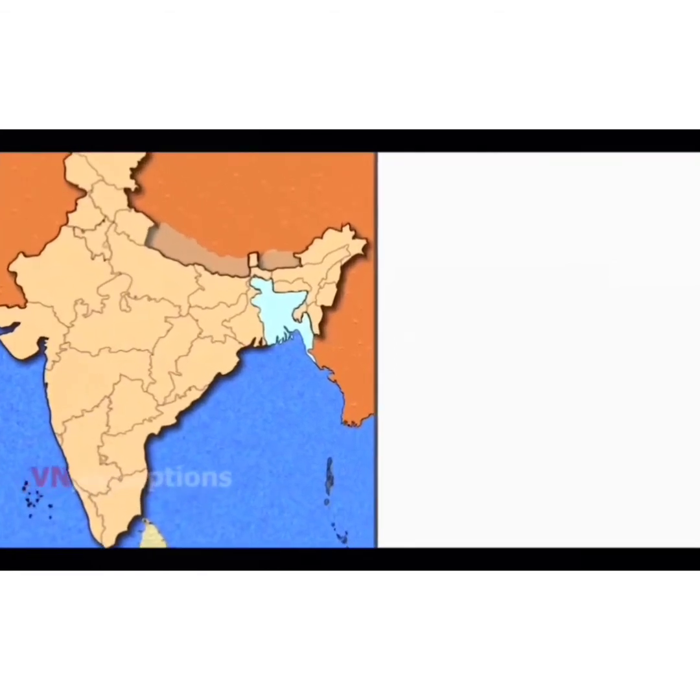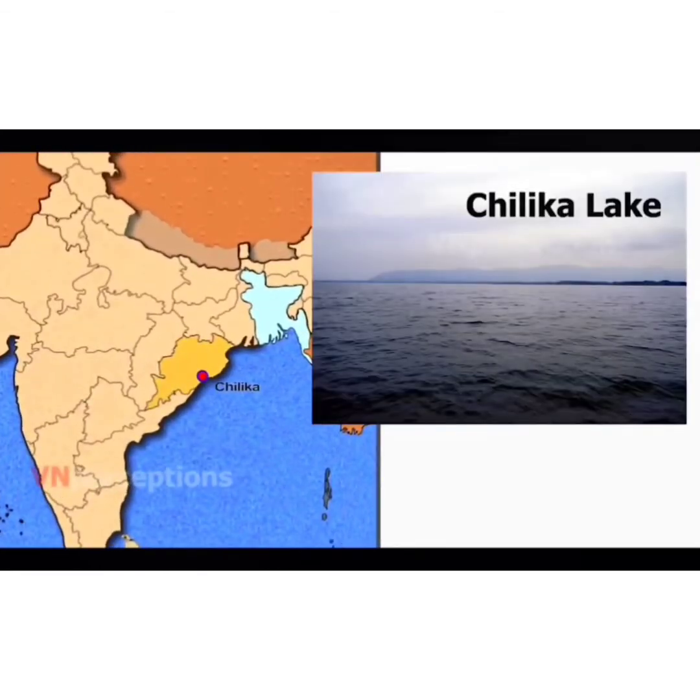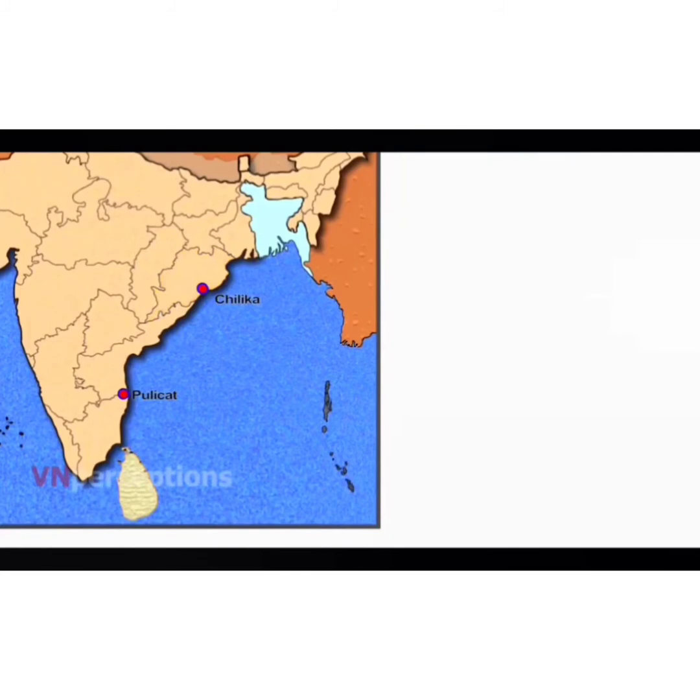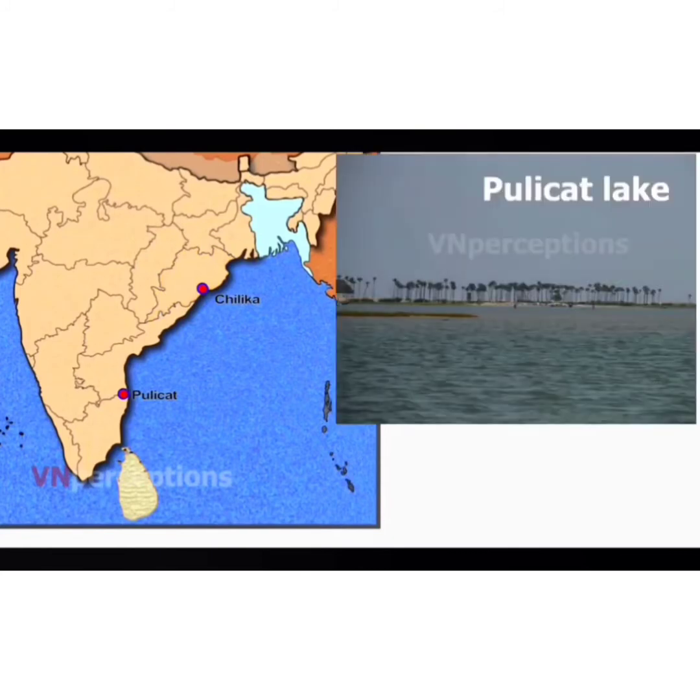First, let's start with Chilka Lake. Chilka Lake is the largest saltwater lake of India that is located in Odisha. Second is Pulicat Lake. It is the second largest saline water lake in India and it lies at the border of Andhra Pradesh and Tamil Nadu.